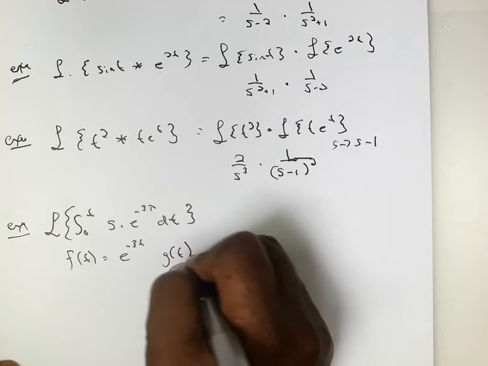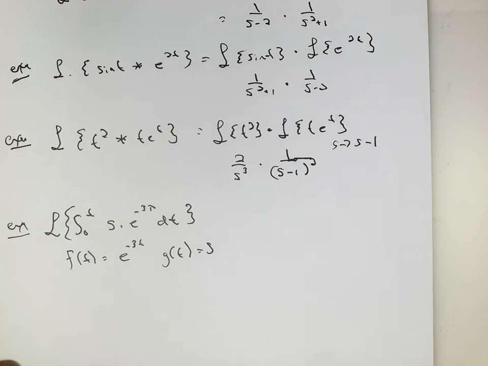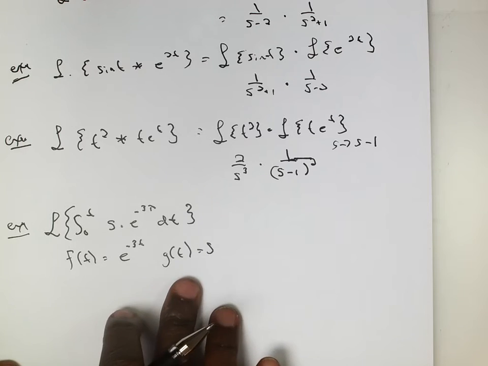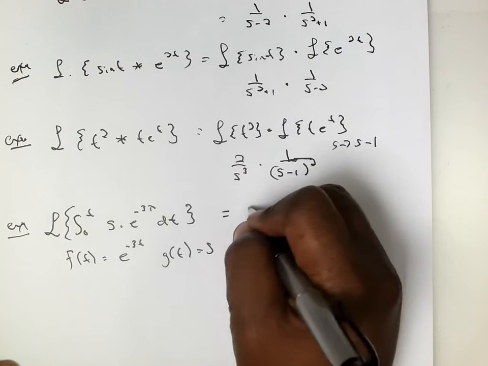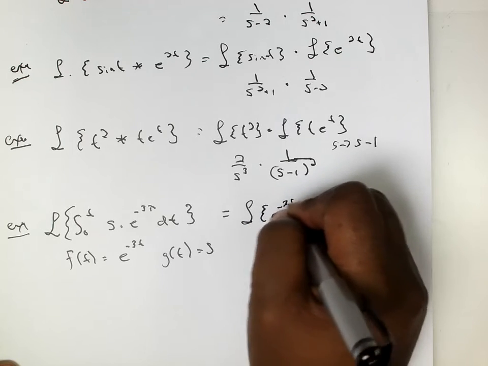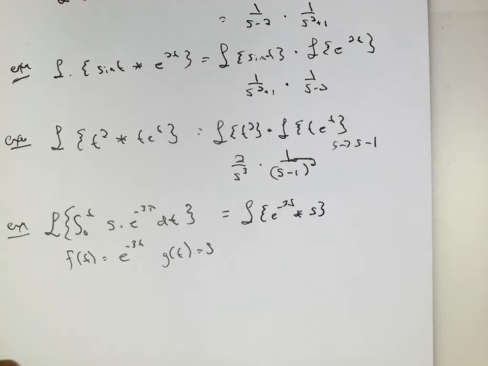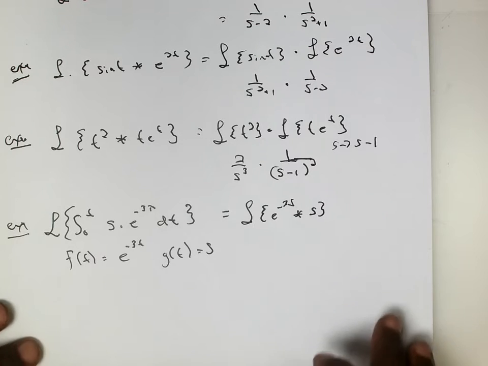And my g of t is just going to be s. So back to the convolution definitions, we can get this. And therefore, when I expand it, it becomes the Laplace of e to the negative 3t with a convolution of s.